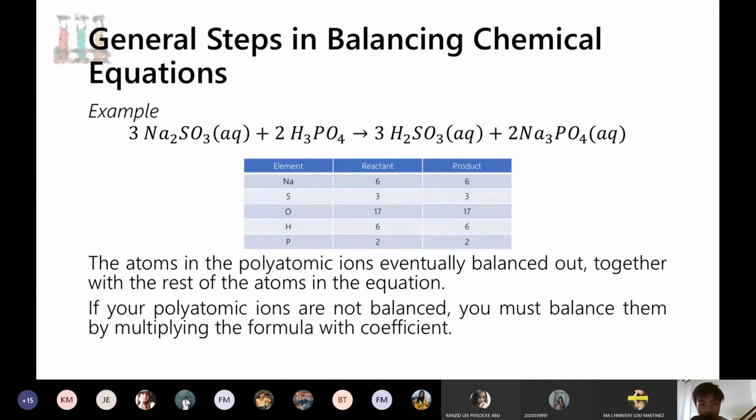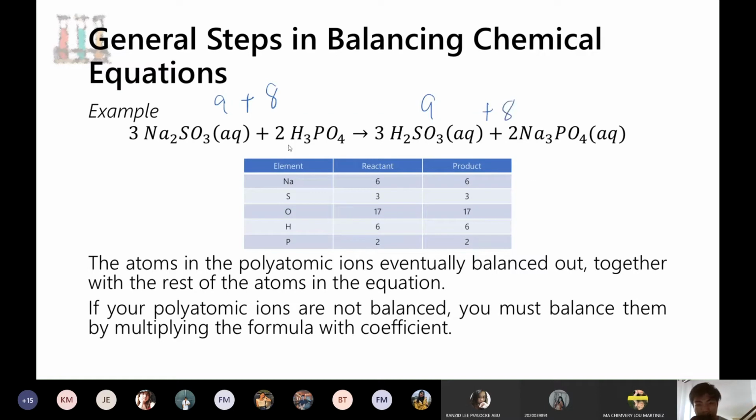Then, oxygen, we have 3 times 3, 9, plus, this is 4 times 2, 8. So, 9 plus 8, 17 yan, di ba? So, 17 oxygens. So, ganun din dito, we have 3 times 3, 9, plus 4 times 2, 8, 17 oxygens, then on the product side.